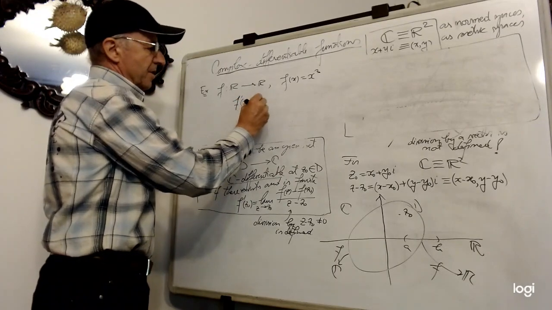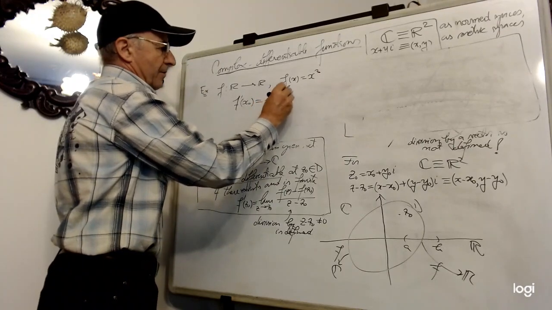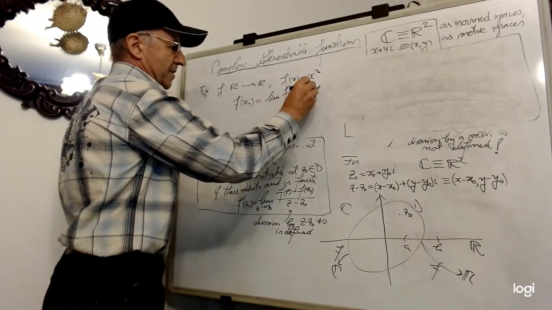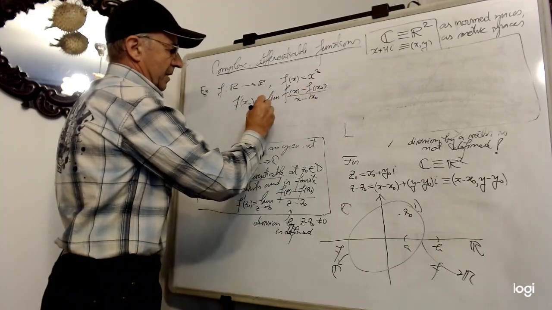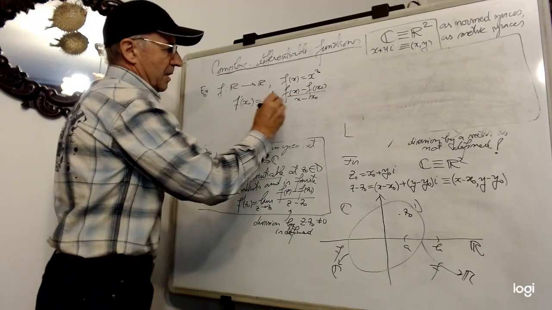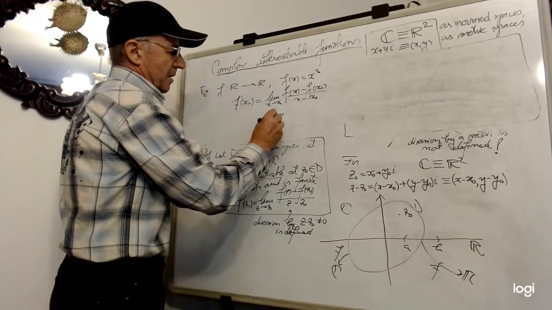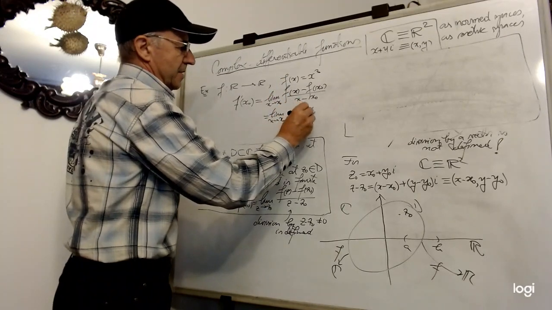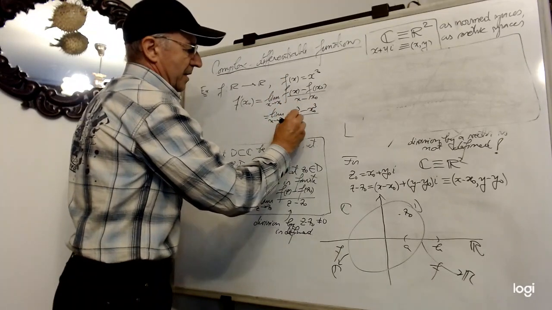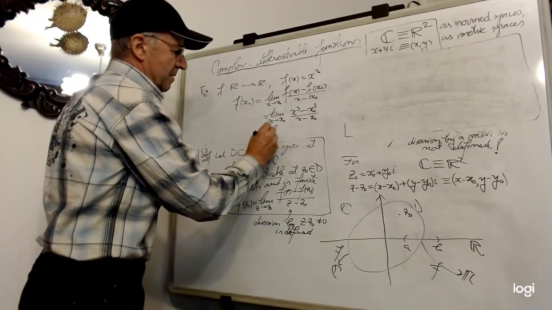By definition, this is the limit for x going to x0 of f of x minus f of x0 over x minus x0, which equals the limit of x cubed minus x0 cubed over x minus x0.